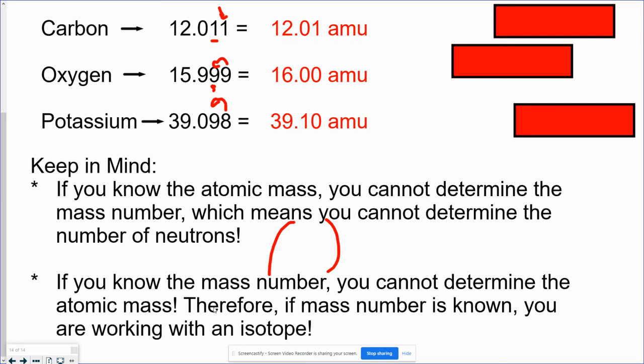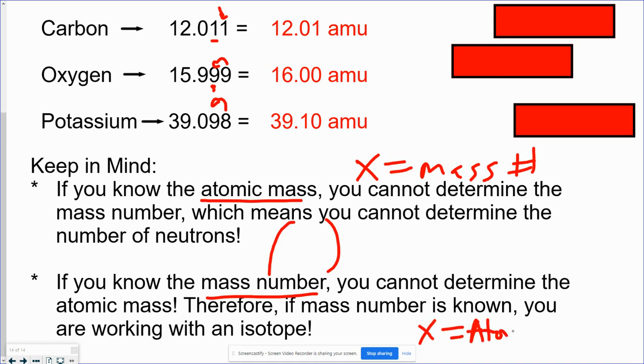Whereas if it is a mass number, it's an isotope, and therefore it is a known number of neutrons, so there will be no parentheses. The other thing this is telling you is that you can't have both. If you have an atomic mass, you're going to put an X in for mass number. If you have a mass number, you'll put an X in for atomic mass.